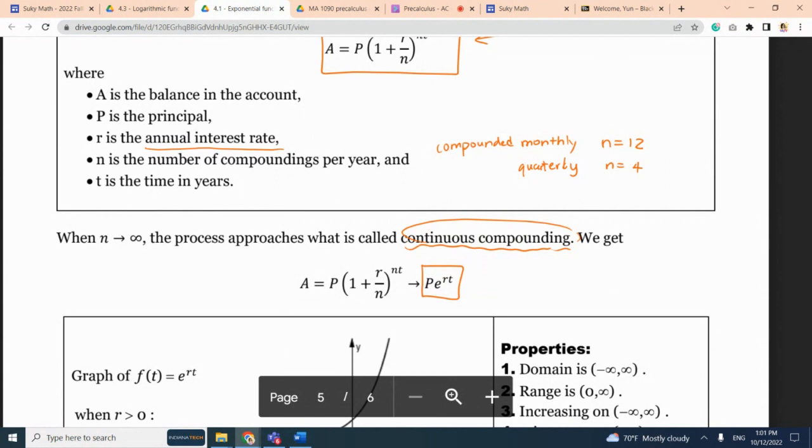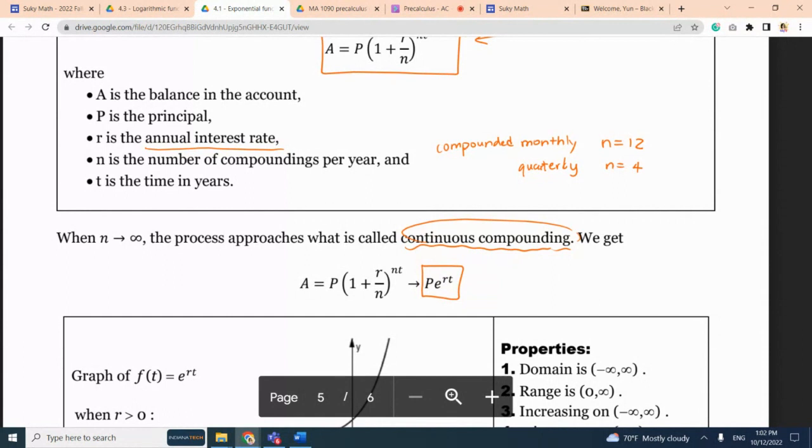Therefore, this expression, 1 plus 1 over x raised to the power of x, goes to E. Therefore, we have P times E. This expression goes to E and then raised to the power RT. So this is the proof, okay?